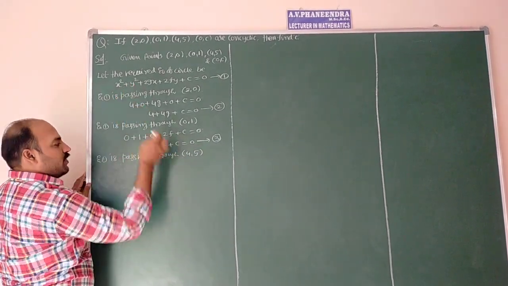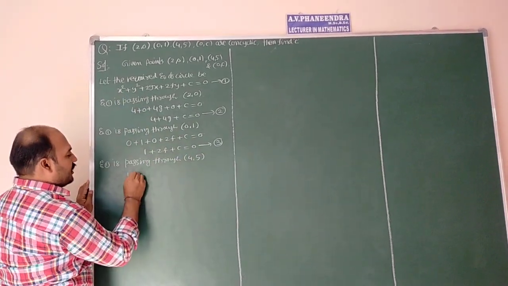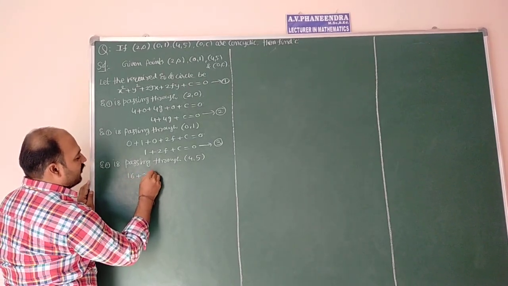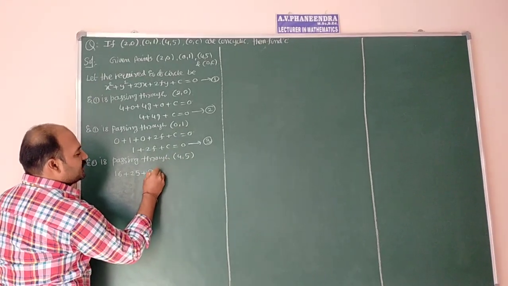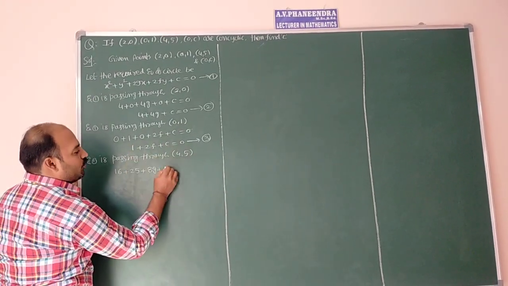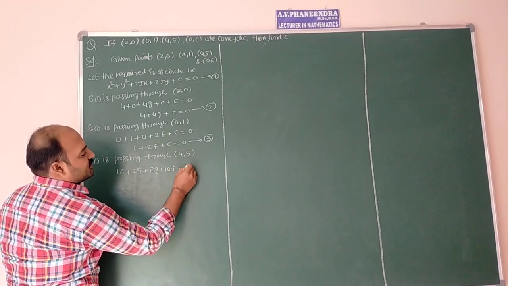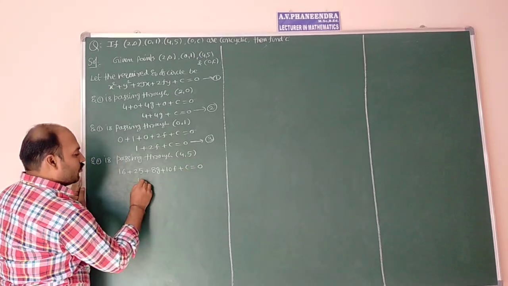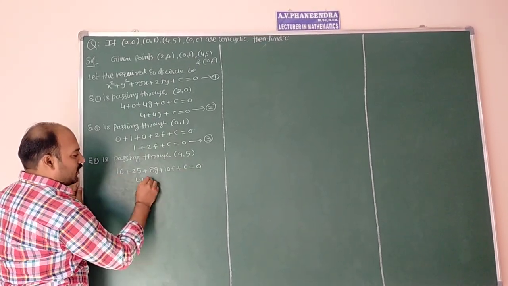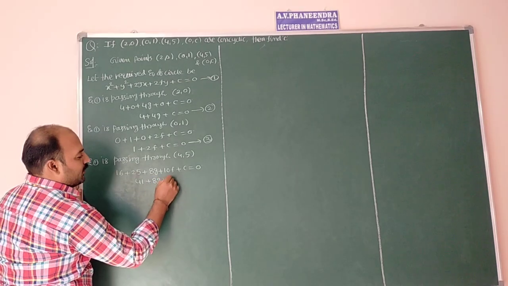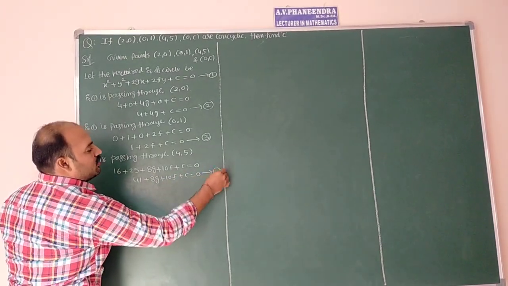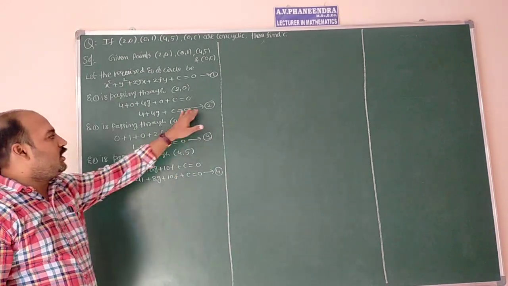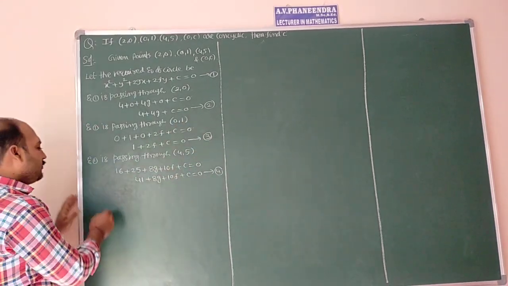In place of x, y, 4, 5, if you substitute 16 plus 25 plus 2g into 4, that means 8g, plus 2f into 5, that means 10f, plus c equal to 0. So 41 plus 8g plus 10f plus c equal to 0. Equation number 4.